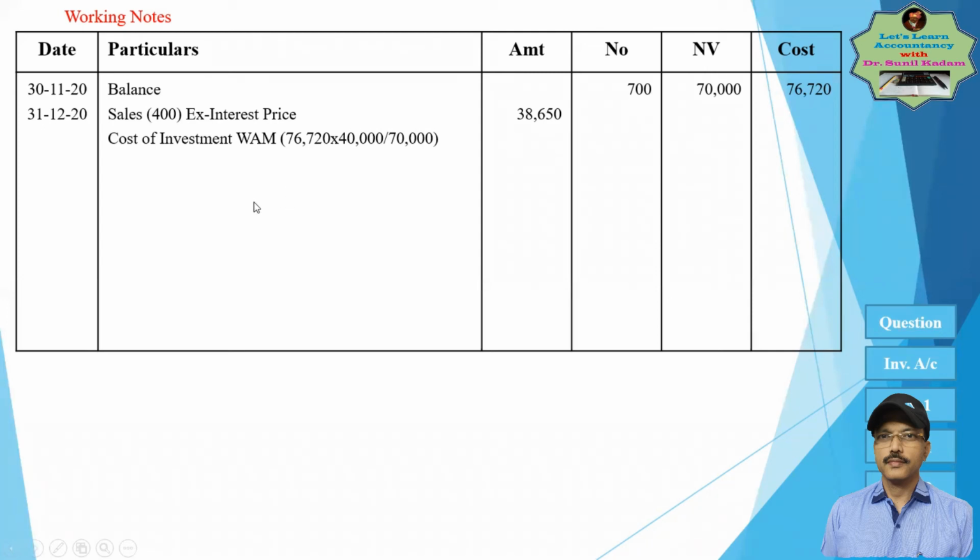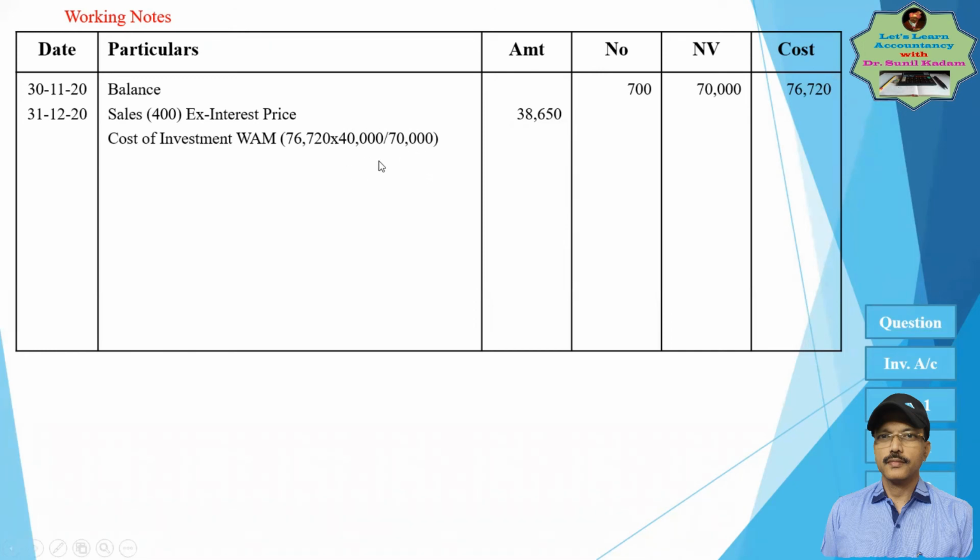If it were cum-interest, we would have worked out the interest first and then the net sales. But the ex-interest price suggests that the interest is received separately. Therefore, we will calculate the cost and find out the profit or loss.